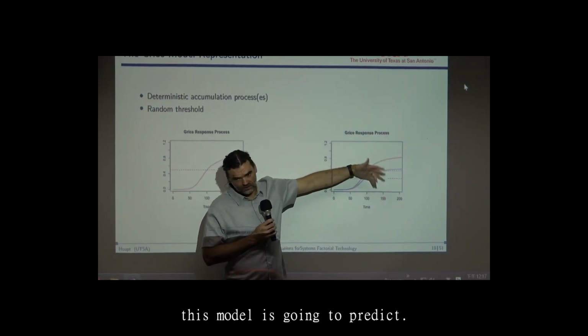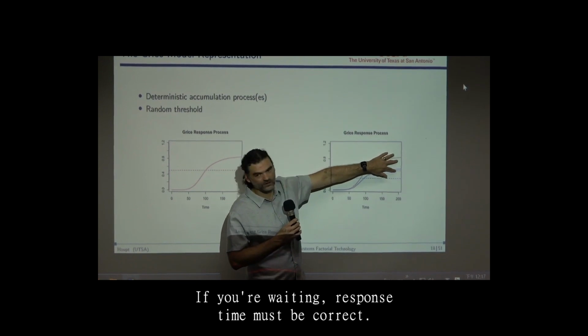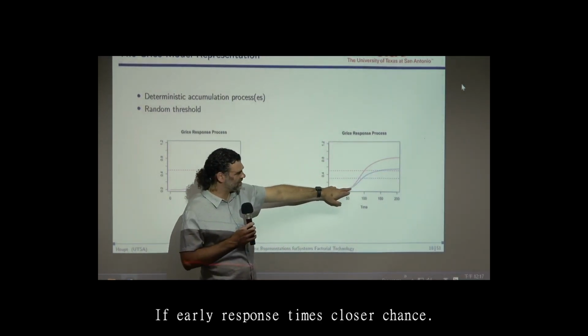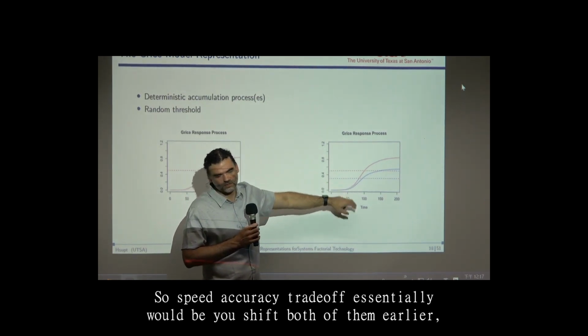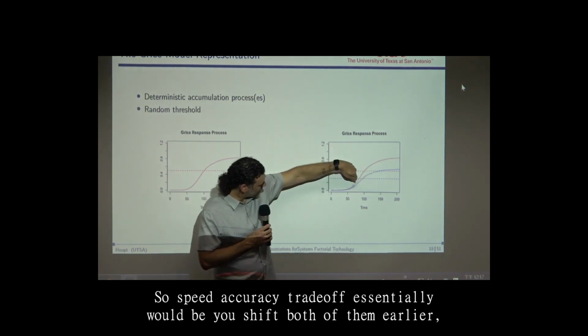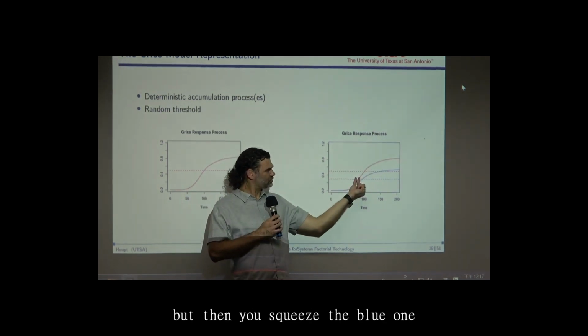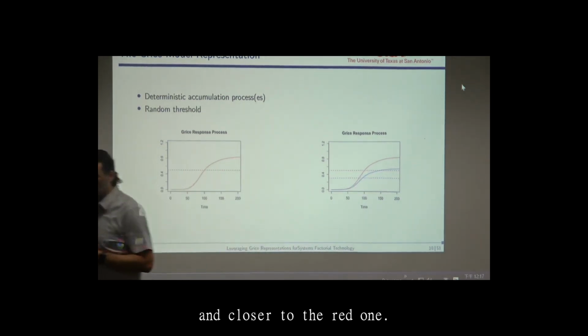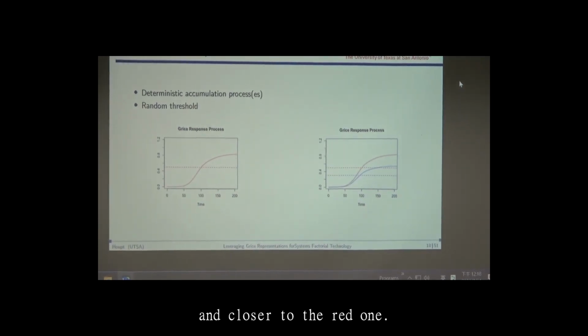So this model predicts that your late response times are going to be mostly correct and your early response times are going to be closer to chance. A speed-accuracy trade-off would essentially be you shift both of them earlier, but then you squeeze the blue one in closer to the red one. Flip back to the cloud.